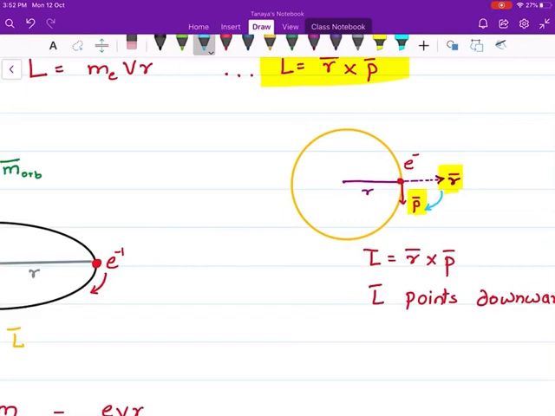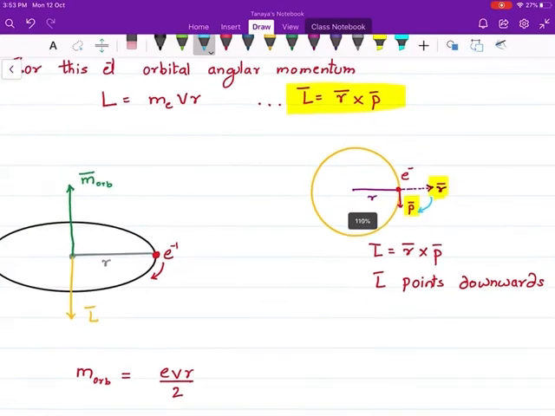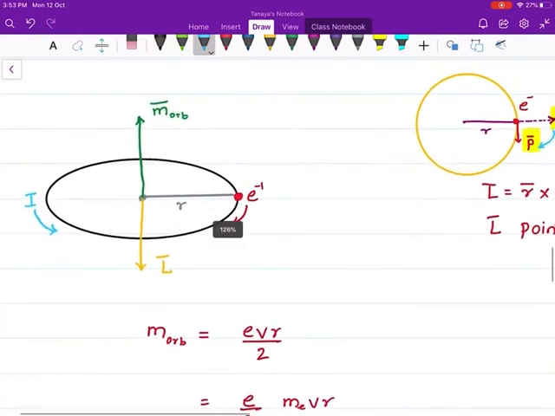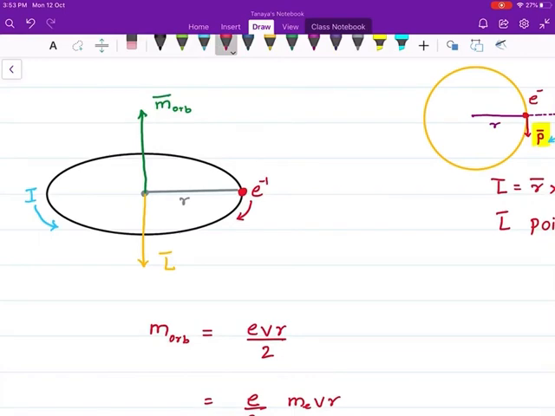So if you curl your fingers from R bar to P bar, your thumb will be pointing in the downward direction. So L bar is going to point in the downward direction. See, we have shown our L bar in the downward direction. Magnetic dipole moment is in the upward direction and L bar is in the downward direction if this electron is moving in clockwise direction.